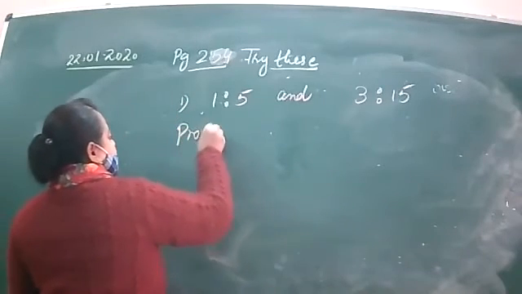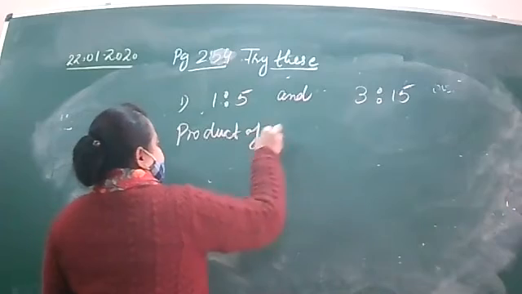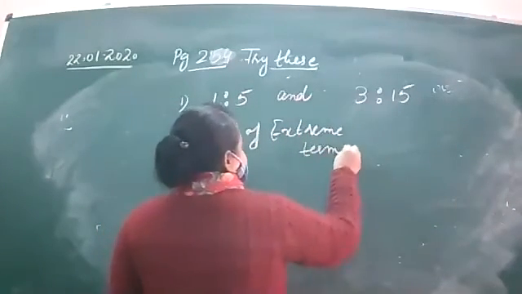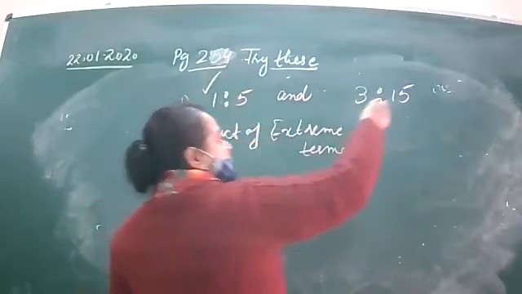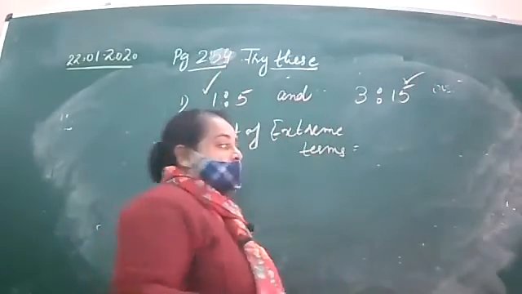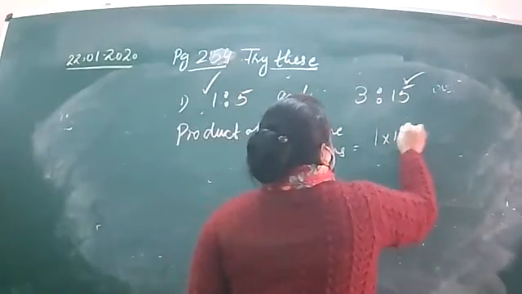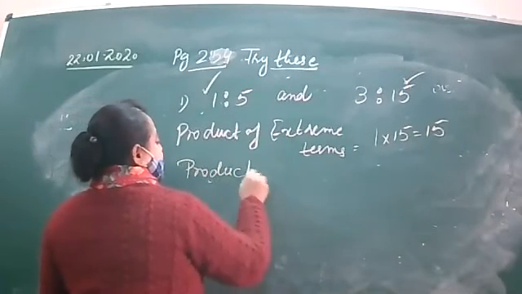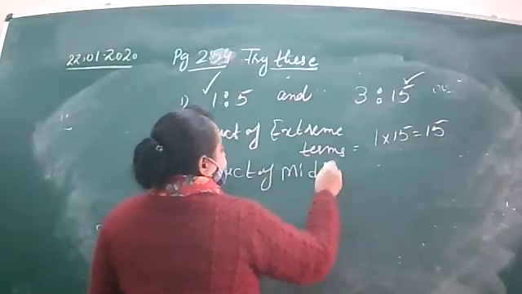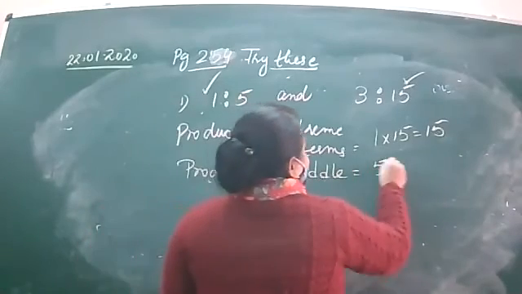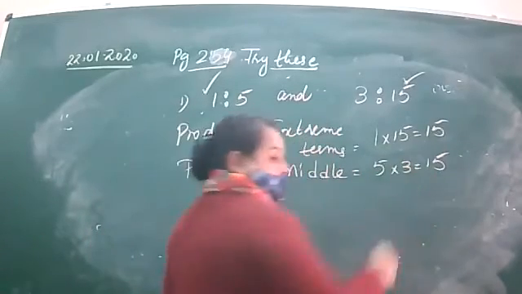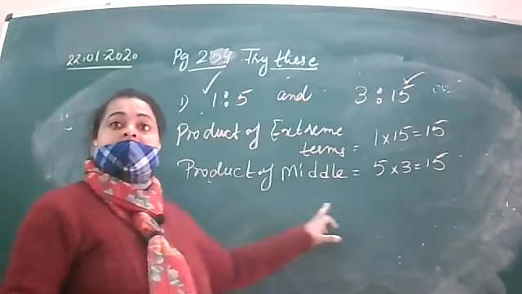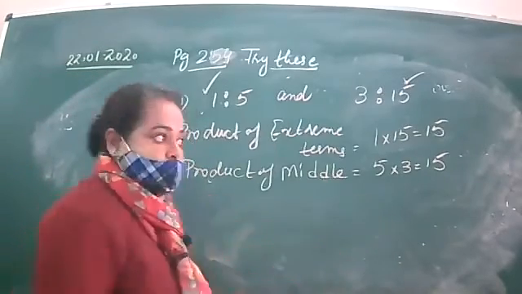So we will write here product of extreme terms. 1 is extreme and 15 is extreme. So 1 multiplied by 15 will give you 15. Then you will write product of middle terms. 5 multiplied by 3, 15. Then you will write product of extreme terms is equal to the product of middle terms.